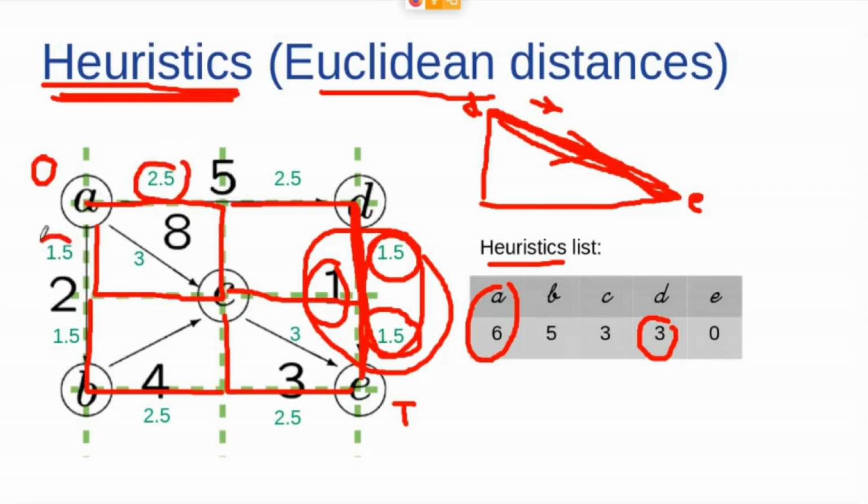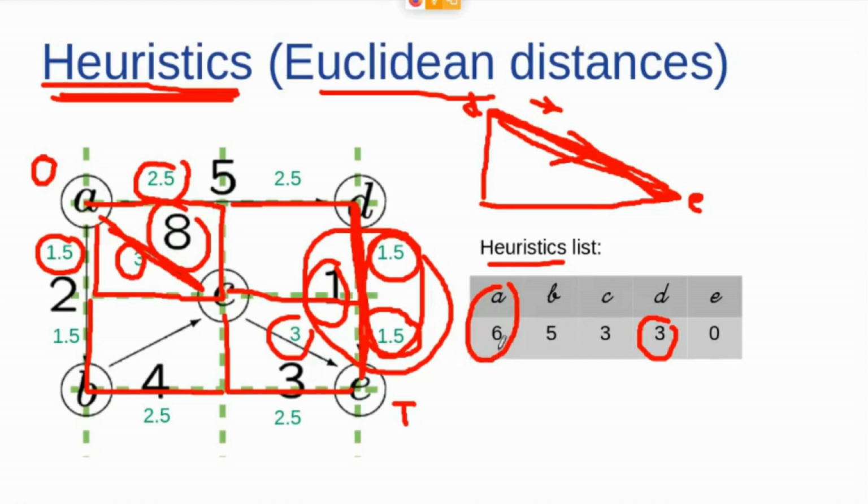This side is 1.5 long. If you apply the square root of the squared value of 2.5 plus the squared value of 1.5, you have this 3. So this edge, not the real weight, I'm talking about the heuristics, the estimation, if you could fly, right? So that's the heuristic cost of going from A to C to E. So that's why you have a 6, right?